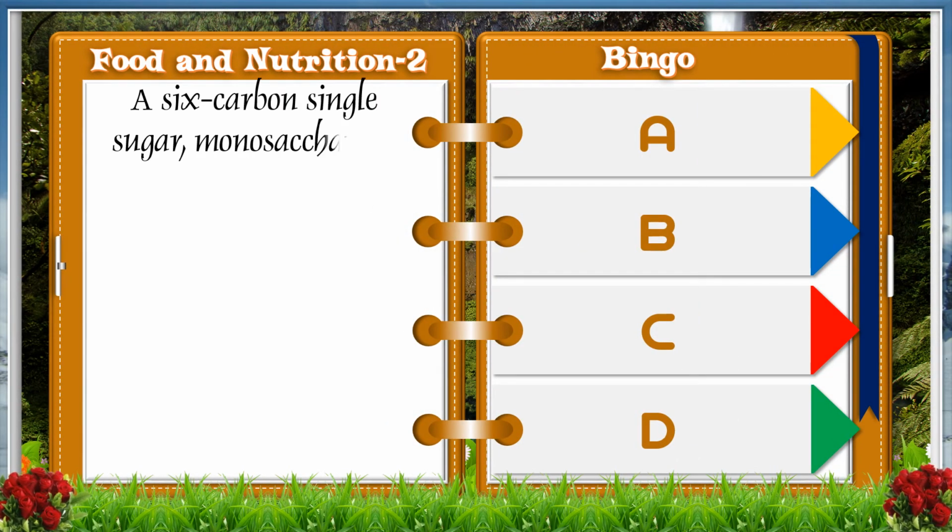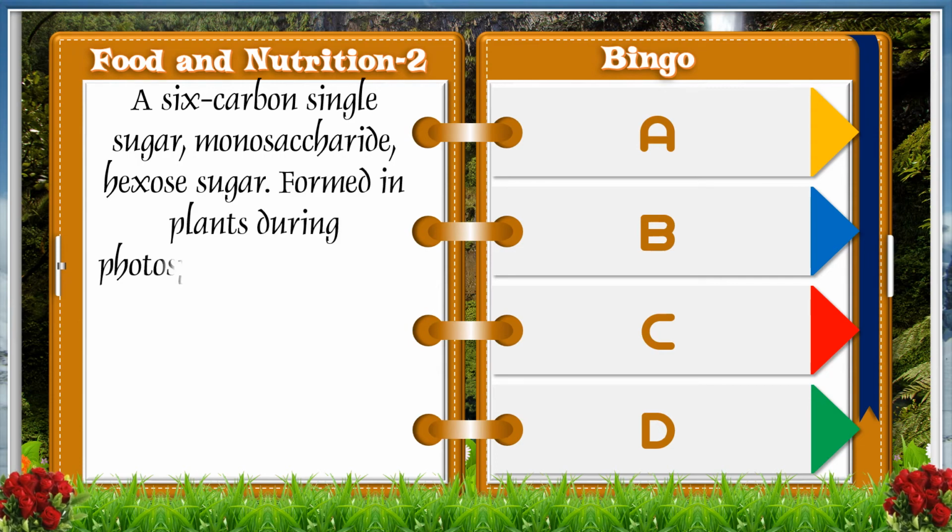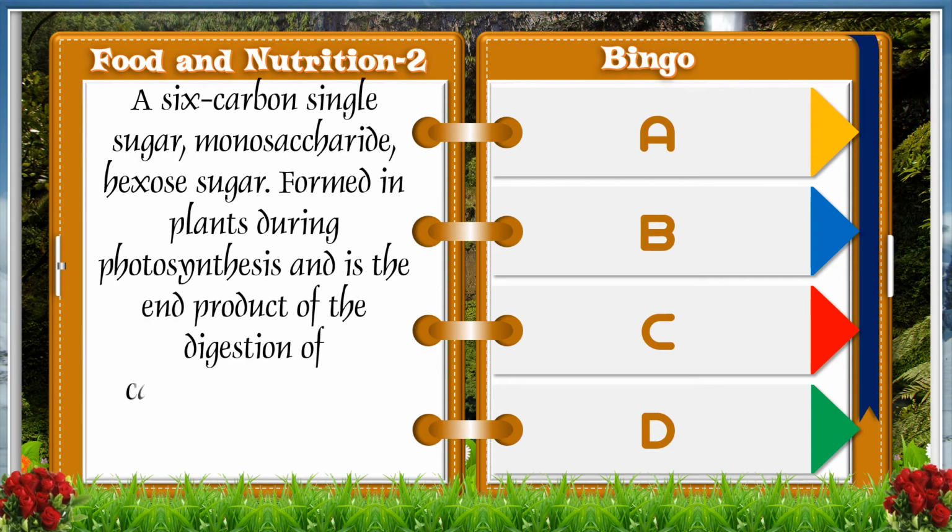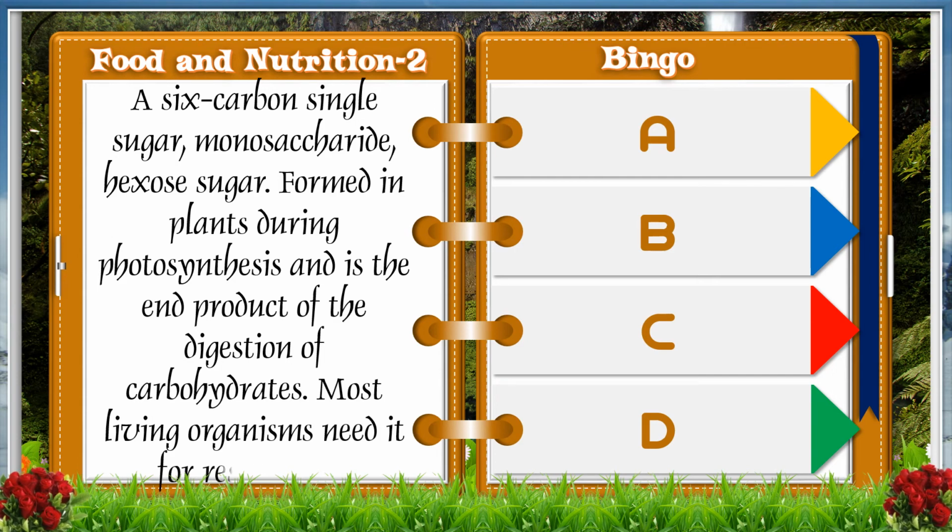Six-carbon single sugar, a monosaccharide, hexose sugar, formed in plants during photosynthesis and is the end product of the digestion of carbohydrates. Most living organisms need it for respiration.